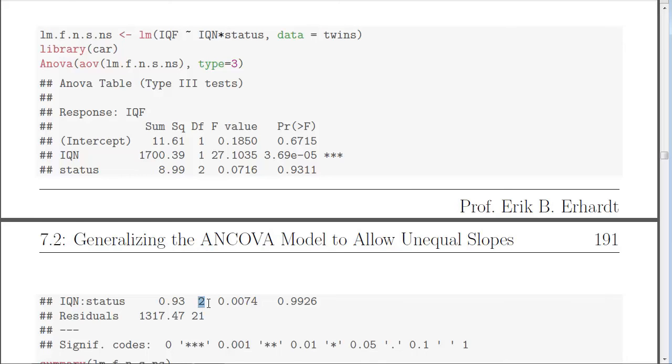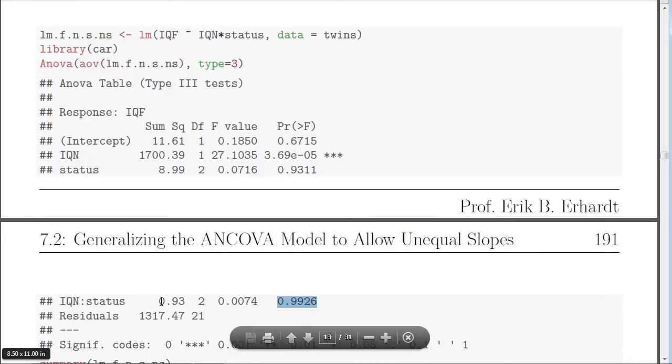These 2 degrees of freedom are the differences in slope between the medium and the high relative to the baseline low group. And look at this p-value. It's actually almost hard to get a p-value closer to 1 than that. So this suggests that, in fact, there is not a difference between the slopes of these 3 social groups.